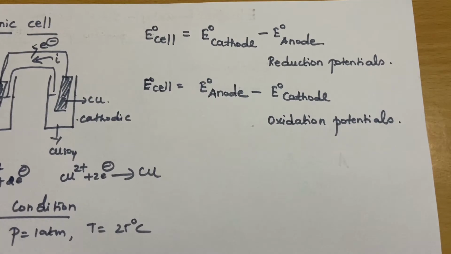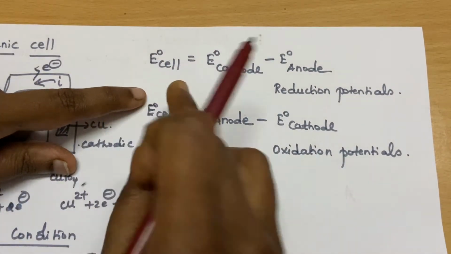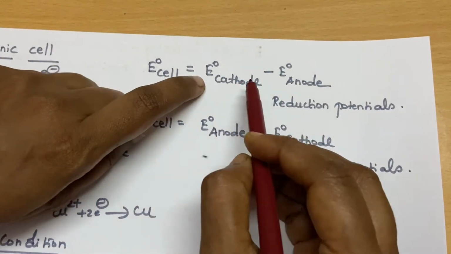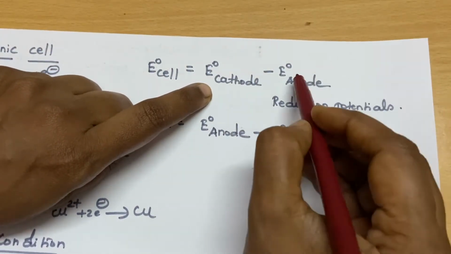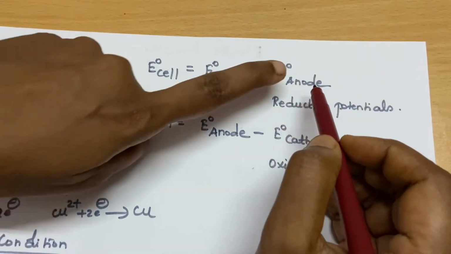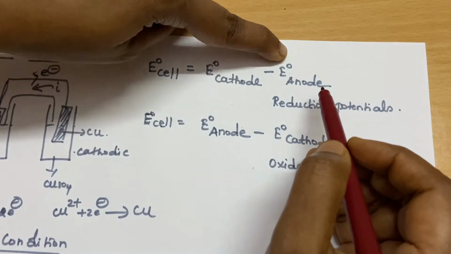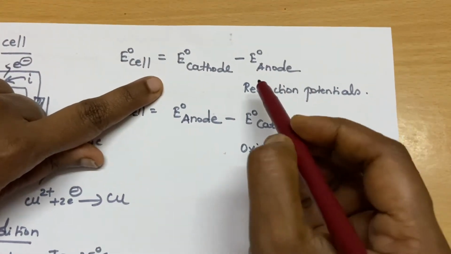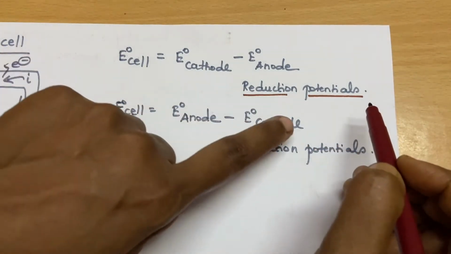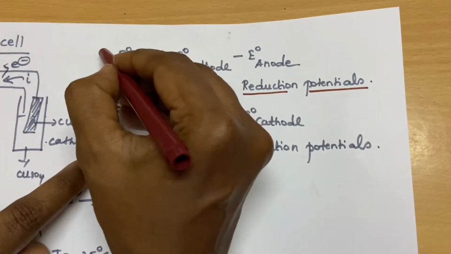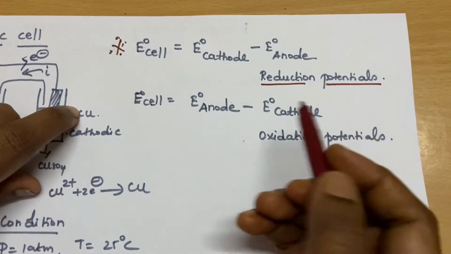The overall EMF of the cell is the EMF of the cathodic compartment minus the EMF of the anodic compartment: standard reduction potential of cathode minus standard reduction potential of anode, provided both are reduction potentials. Mostly we will be using this formula only, but you have to know the other formula also.